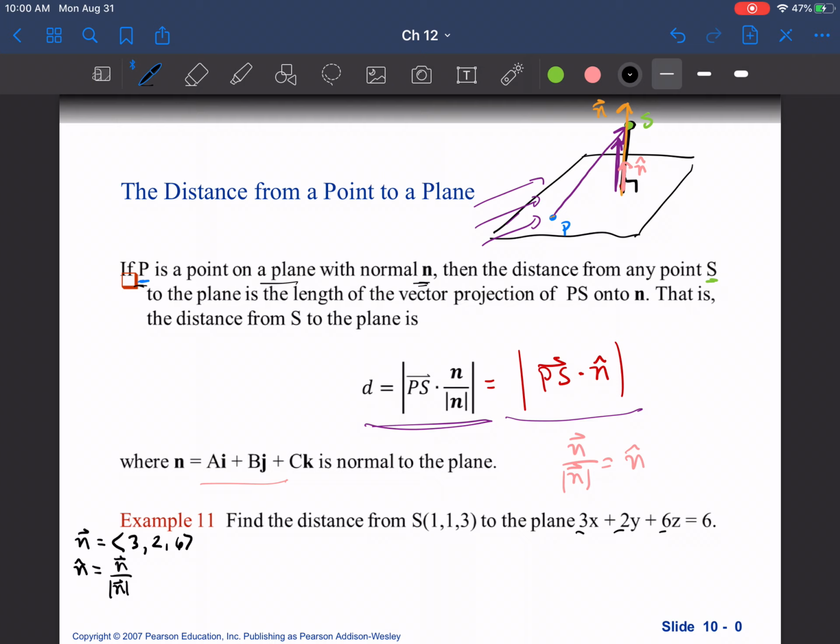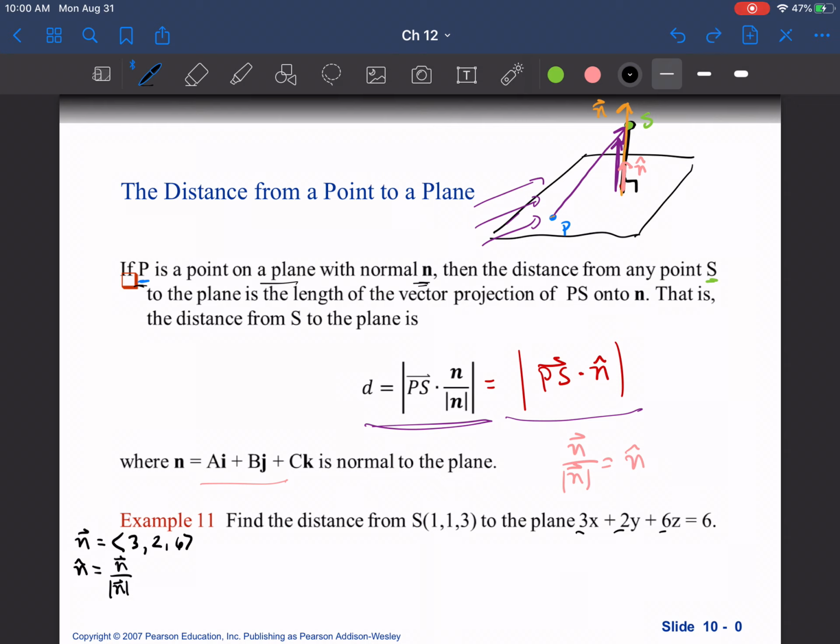Once you find that, you just have to take the vector PS and do a dot product. The problem is you need a point on that plane. How do you get a point on the plane? This isn't the right form to pick out a point.